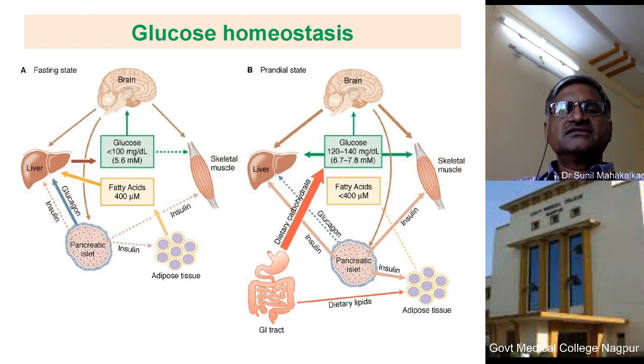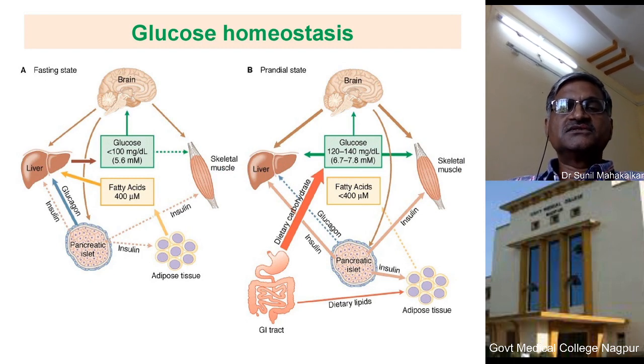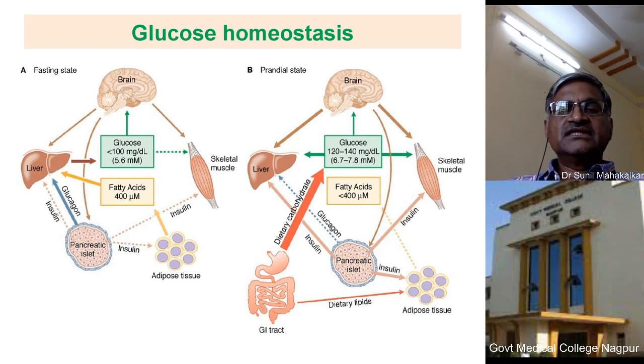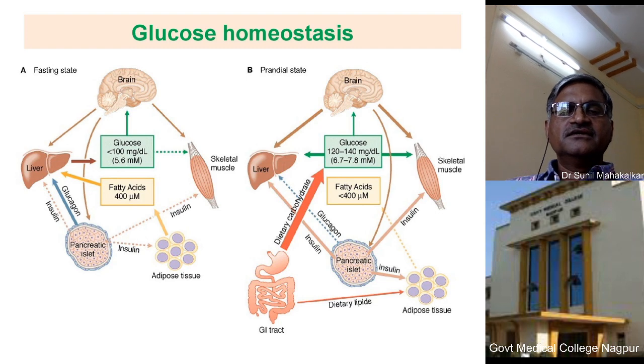So in the fasting state and in the prandial state, glucose homeostasis is a very crucial one, and when there is a sufficient amount of insulin present, it can be well regulated.